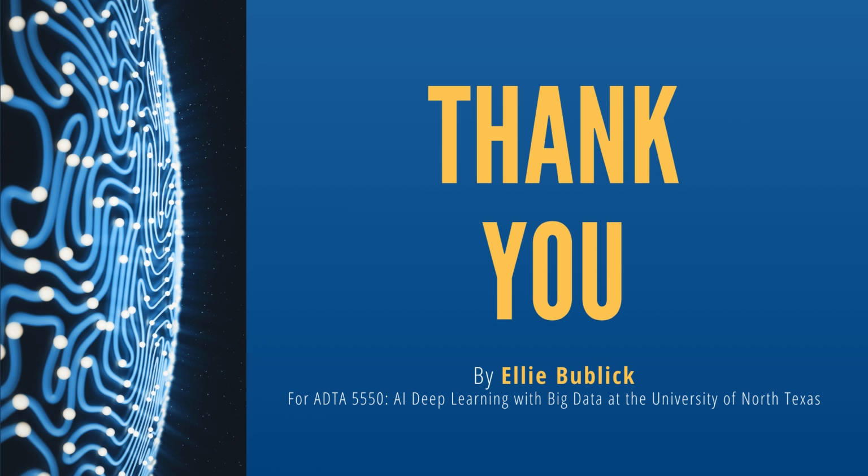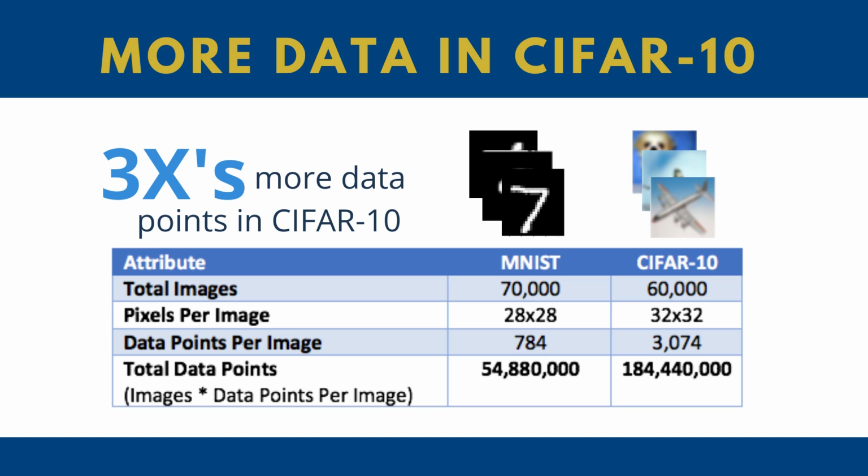Sorry, went advanced on accident. So there are 70,000 total images in the MNIST dataset and 60,000 in CIFAR-10, which is not terribly different. However, each image is sort of like a record or instance, but within it are all the pixels, and each pixel within it is like a data point.